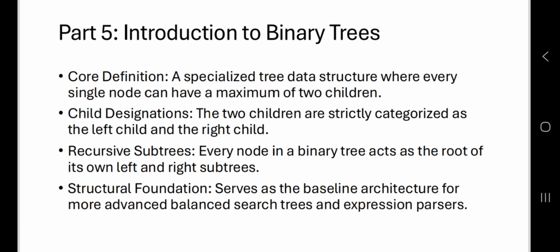These two children are strictly categorized as the left child and the right child. Because of this structure, every node in a binary tree acts as the root of its own left and right subtrees, making them naturally recursive. They serve as the baseline architecture for more advanced balanced search trees and expression parse trees.